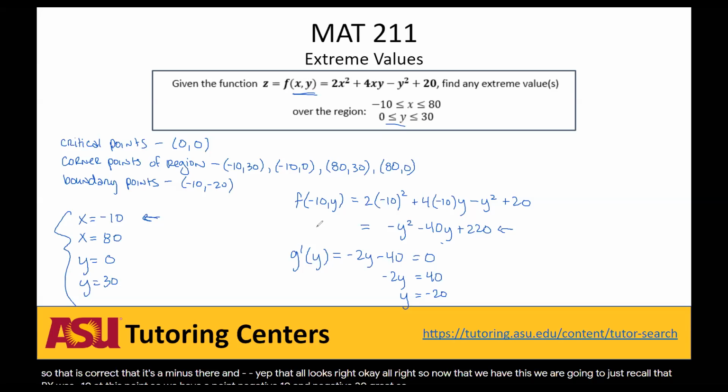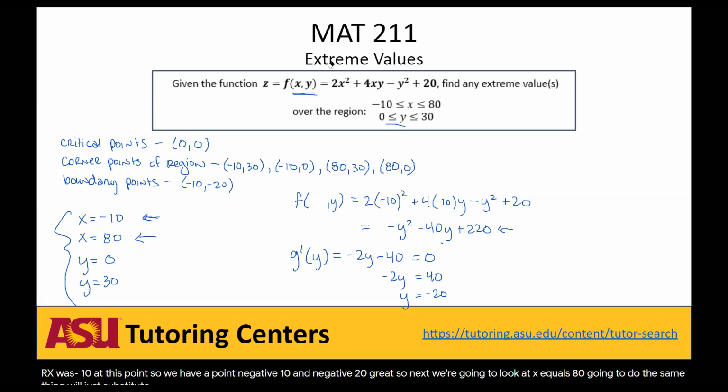So next, we're going to look at x equals 80. We're going to do the same thing. We'll just substitute in 80 here, and we'll just erase all this, come back to that.